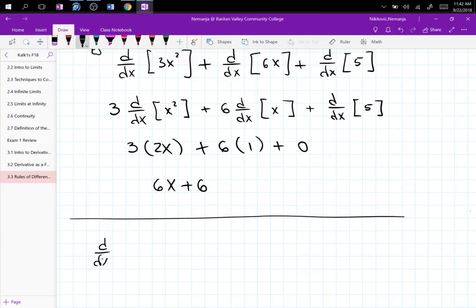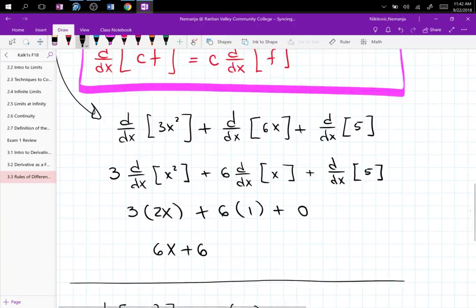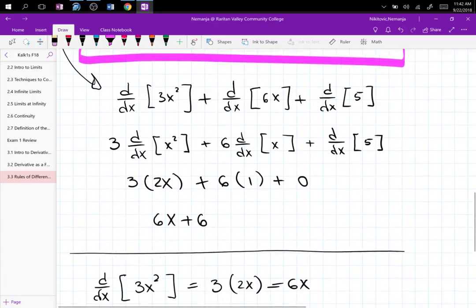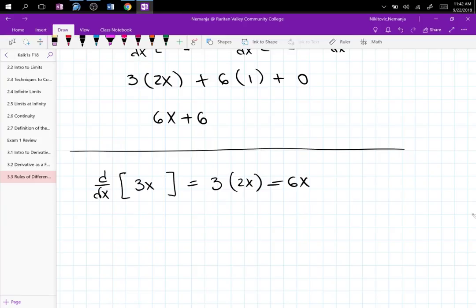If you're having the derivative of 3x squared, the way to do this is to just say 3 times 2x is 6x, because we copy constants. In this rule, the constant just gets copied outside. So this is our basic rule.